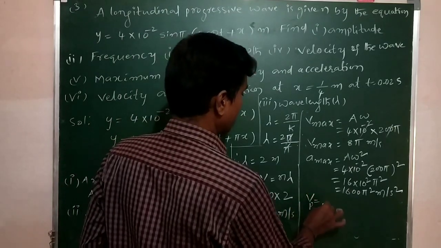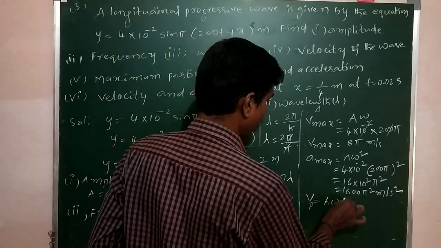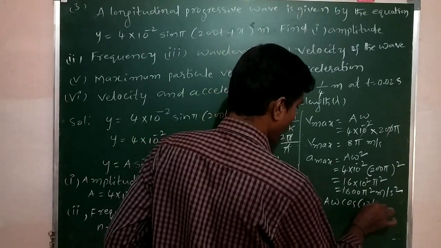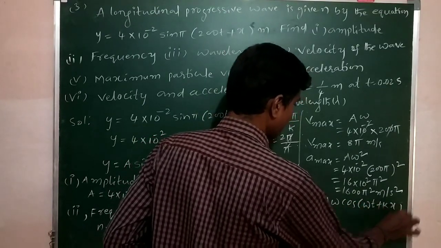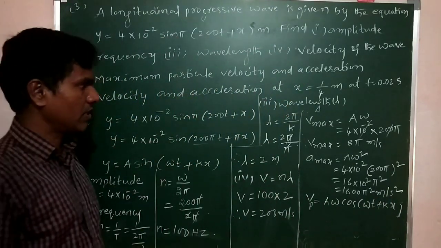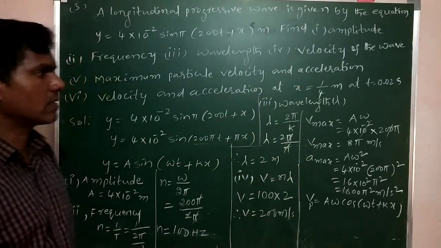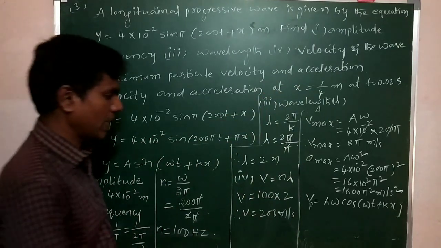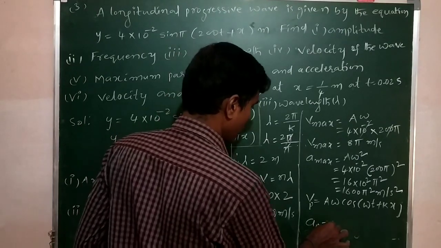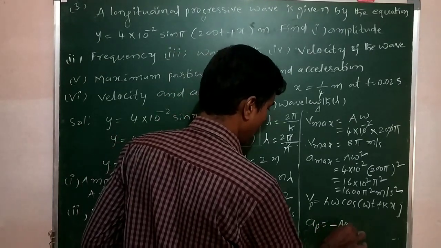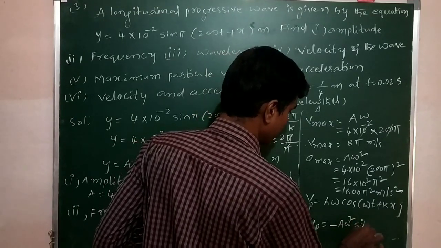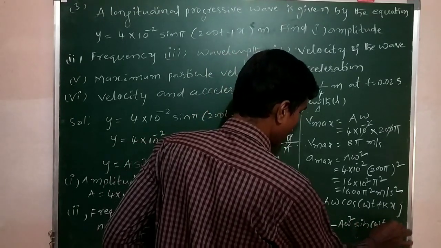Vp equal to A omega cos of (omega t plus kx). We use this formula. And acceleration of the particles equal to minus A omega square sine (omega t plus kx).